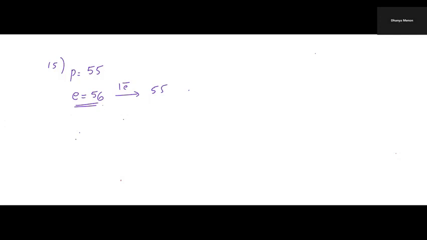Following the Aufbau principle, we have 1s2, 2s2, 2p6, 3s2, 3p6, 4s2, 3d10, 4p6, 5s2, 4d10, 5p6, 6s1.